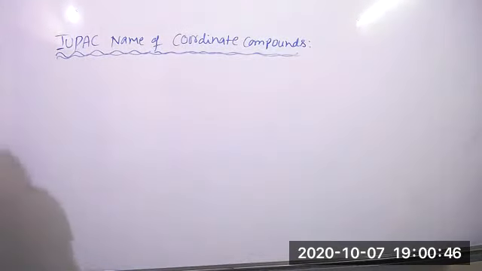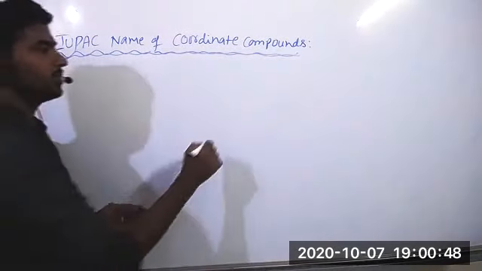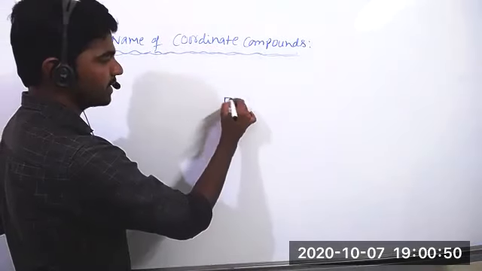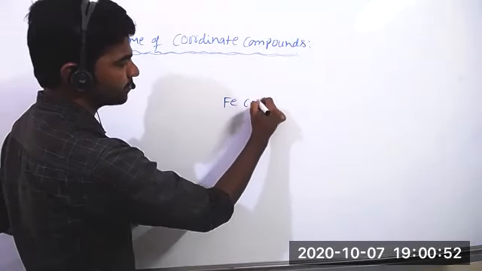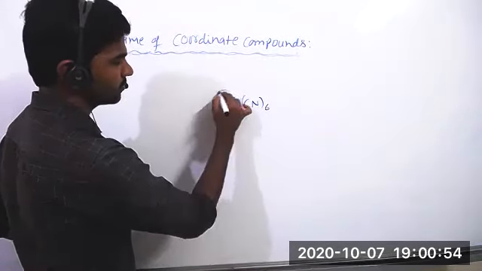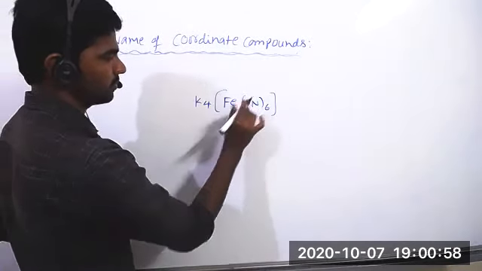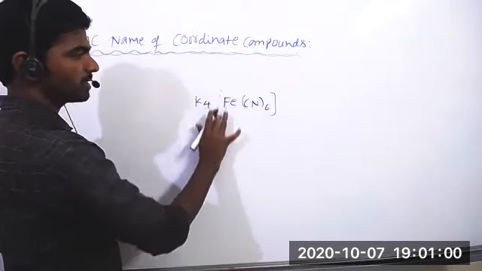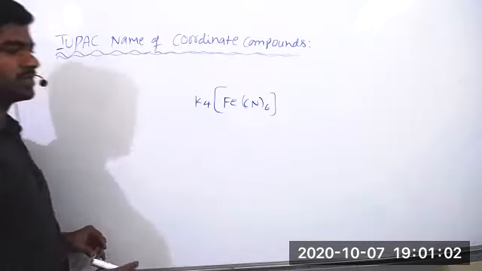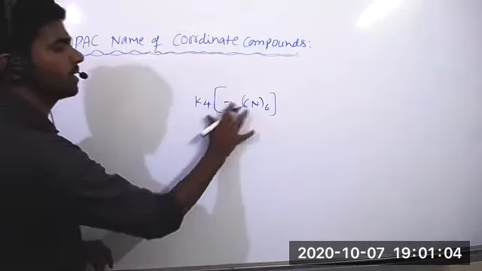Next point. This is very important: while checking the answer paper, they mostly search for that name only. What you are writing as the name of the metal. Suppose metal iron is there in the complex. Now, which charge is the complex carrying, positive or negative? For your convenience, I'm writing cobalt only.